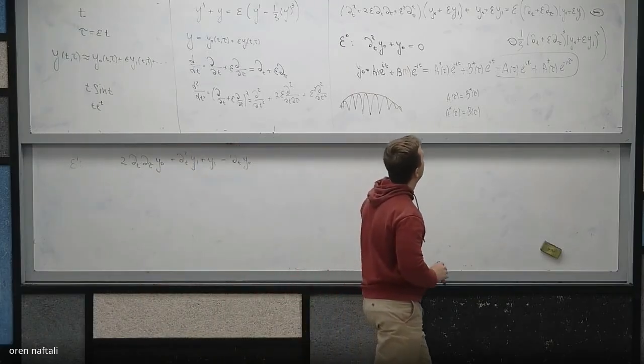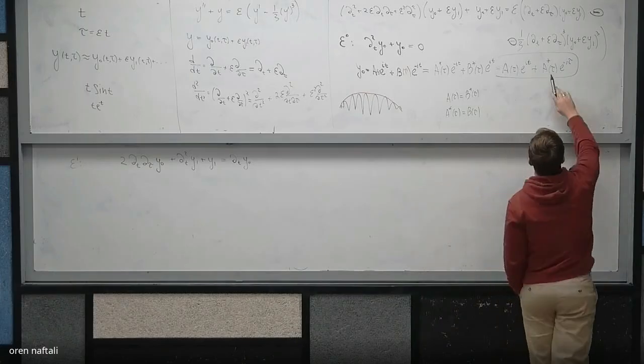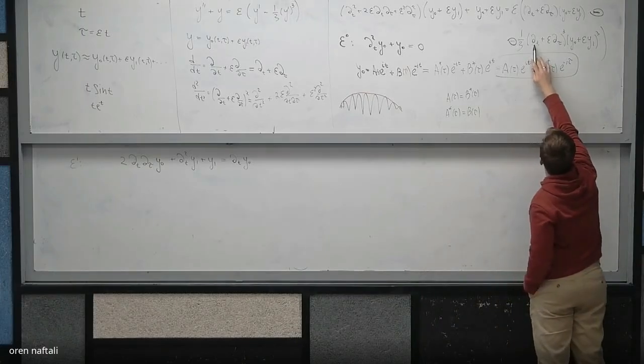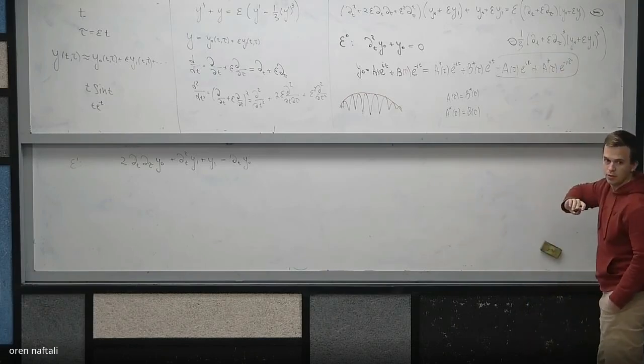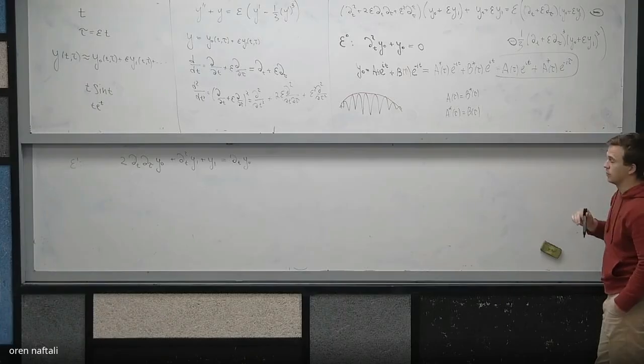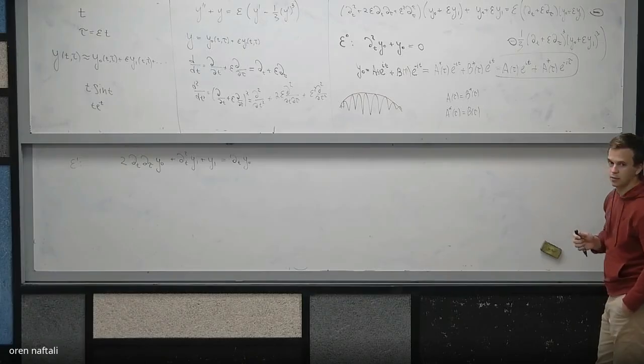And here we have d cubed, d t cubed, y naught cubed. And that's it. All of the other terms will have power greater than 1 for epsilon.